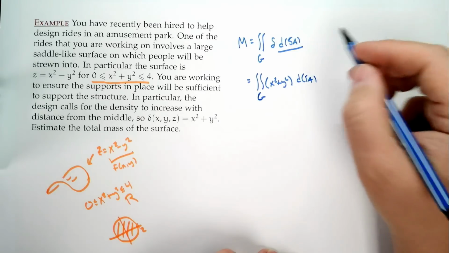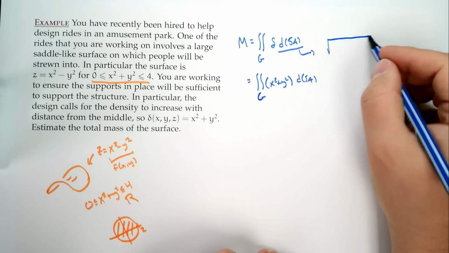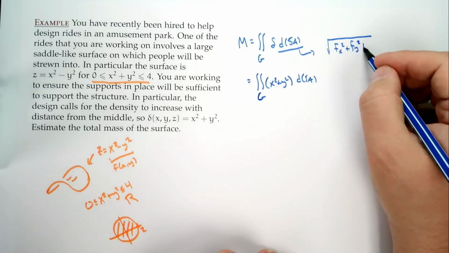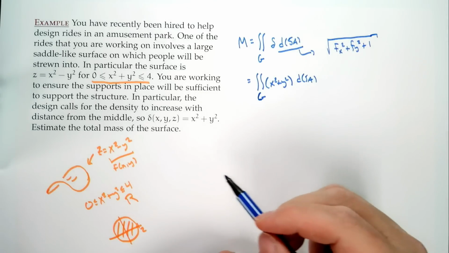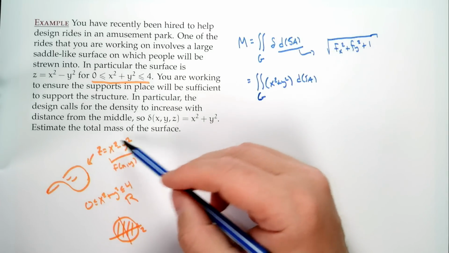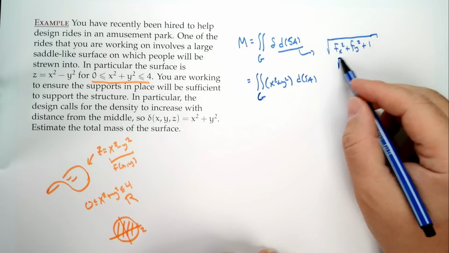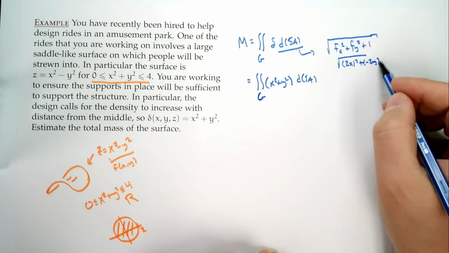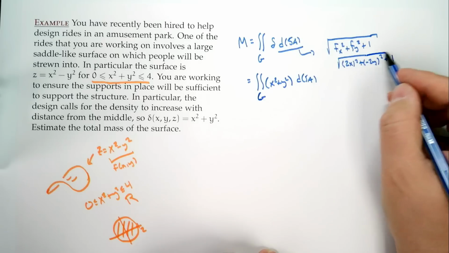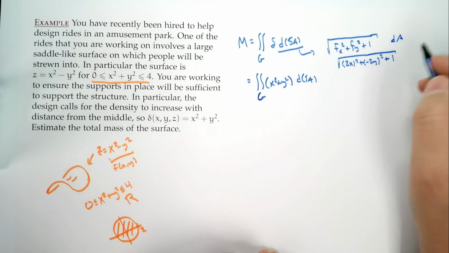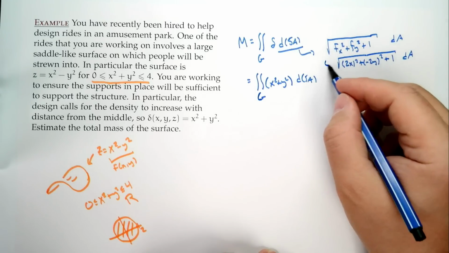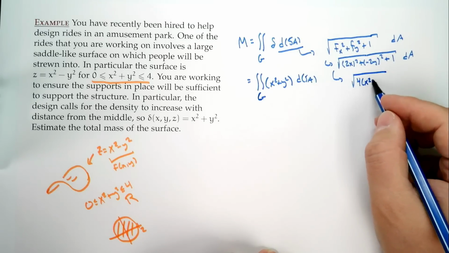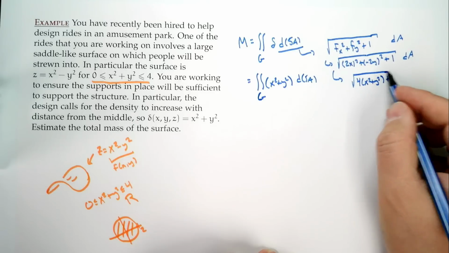For that, we say this will be the square root of f sub x squared plus f sub y squared plus 1. So for us, our f sub x, f sub y, that becomes the square root of 2x squared plus negative 2y squared plus 1.